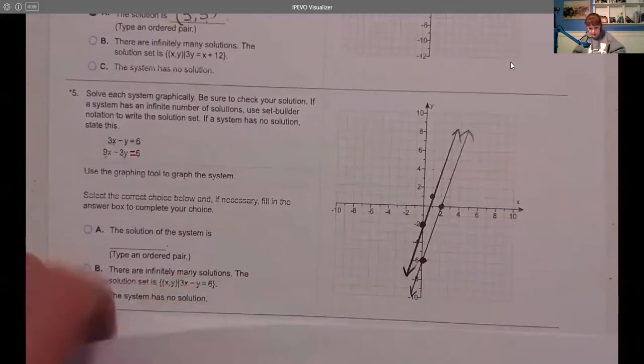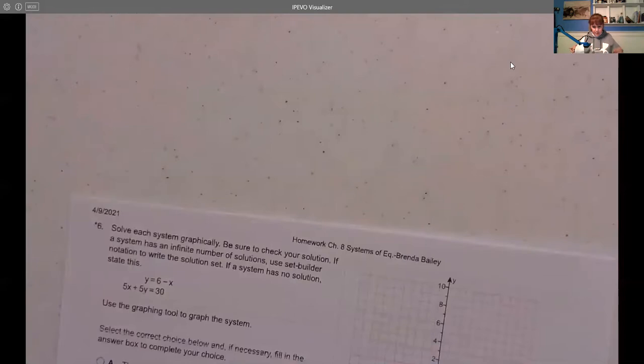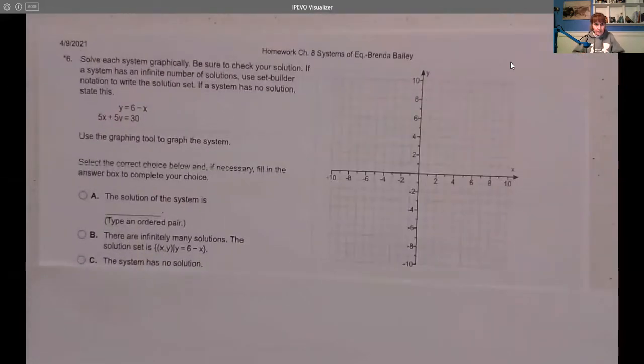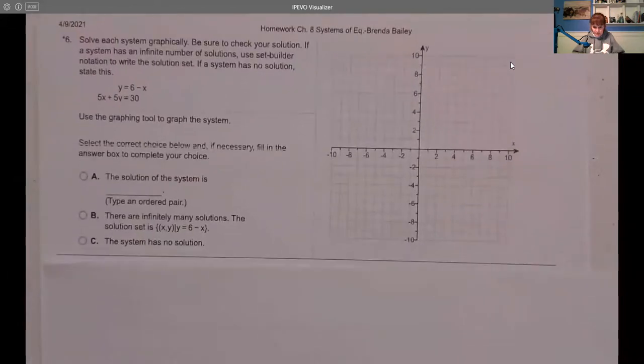Okay, all right. Let me look at the next one. Hopefully we have another one to graph. Yes, we do. So we're going to graph this one right here, and see what happens. So, blank sheet here.